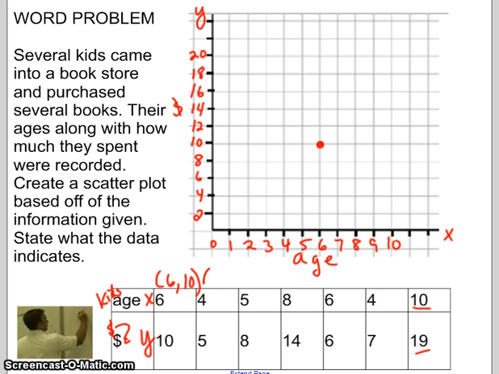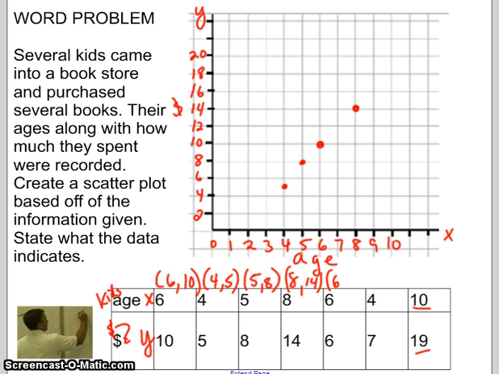My second ordered pair would be 4, 5. So I'm going to go to 4, and I'm going to go up to 5, which is between 4 and 6. Next, 8, 14: 8 on the x, 14 on the y.